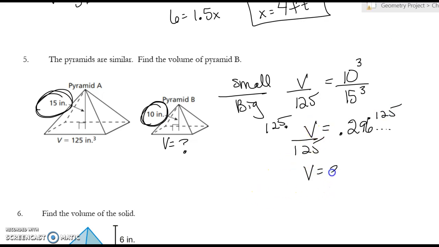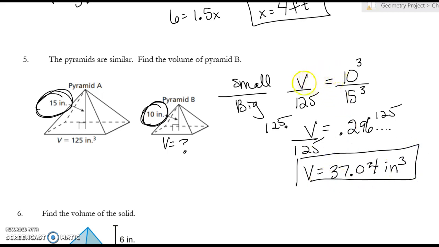So the volume of this one is 37.04 inches cubed. And let me see if I did this correctly. I said my volume over my volume, and then I said side over side, and 10 cubed divided by 15 cubed gave me this decimal. Yep. And then you multiplied, so that's it. Looks like a funny number, but that's what it is.